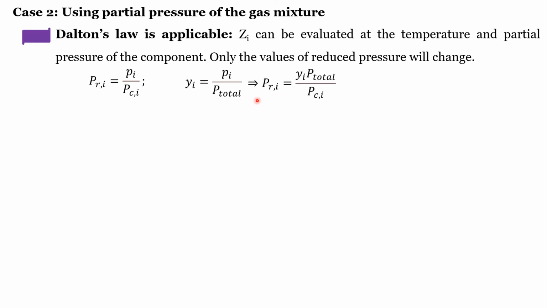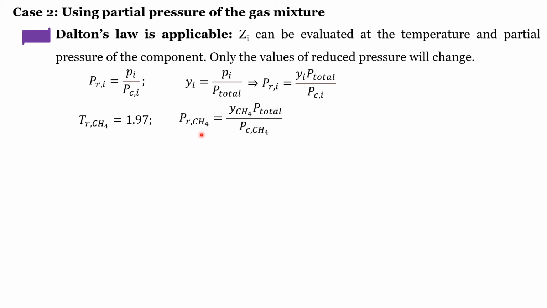So we can write P reduced for ith component equal to Yi into P total divided by P critical for ith component. Now we can estimate all the values, and values of TR will remain the same. Only the value of PR will change.